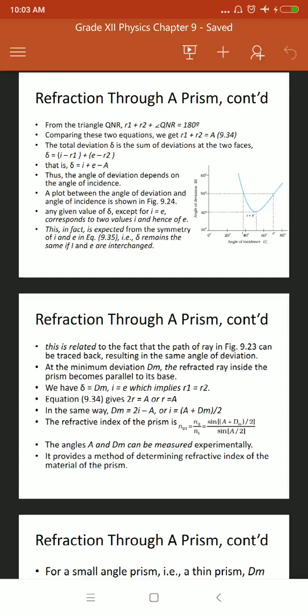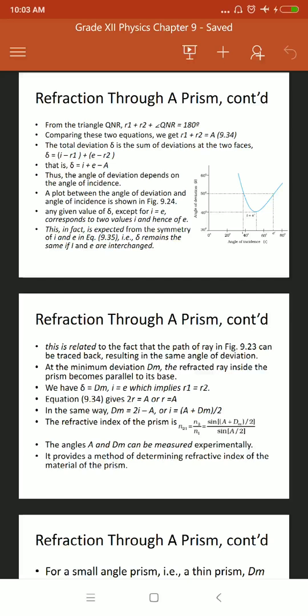And if R1 equals R2, then from the above slide we can say 2R equals A, or R equals A by 2. So deviation delta equals dm, and if we replace, delta equals I plus E minus A, and I plus E, since both values are the same, we can write 2I minus A. Making I the subject of the formula, the angle of incidence is A plus dm by 2. This is the angle of incidence equal to the angle of emergence.